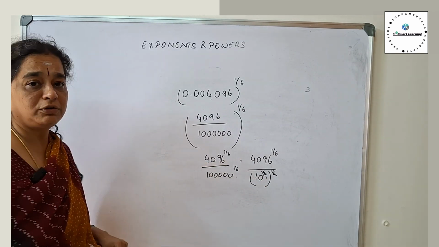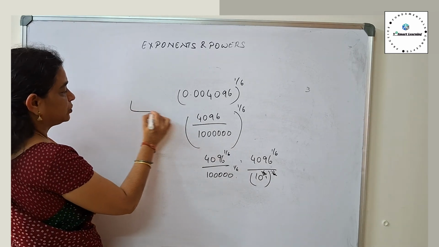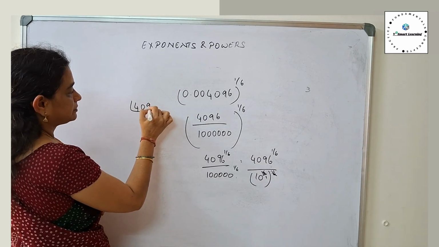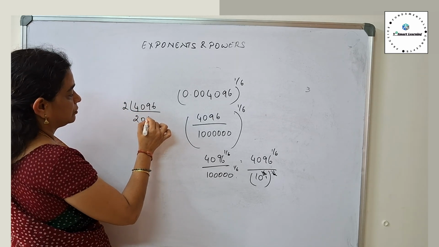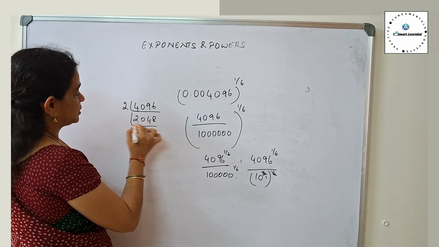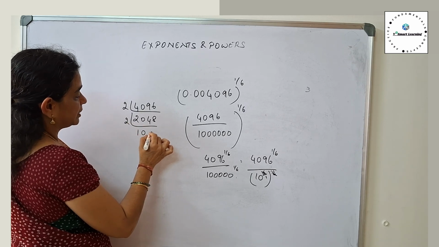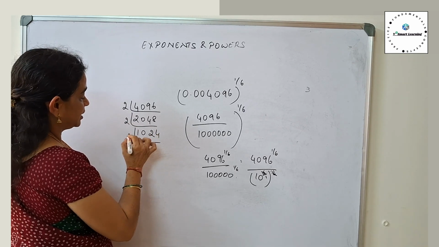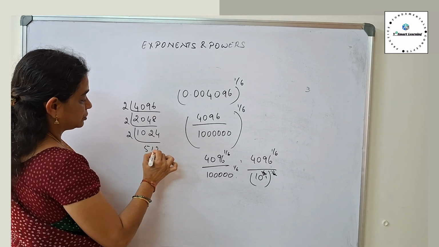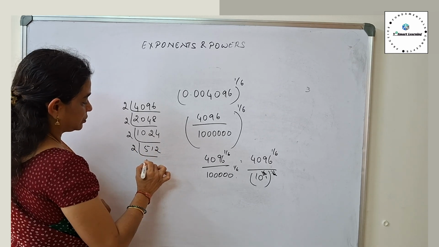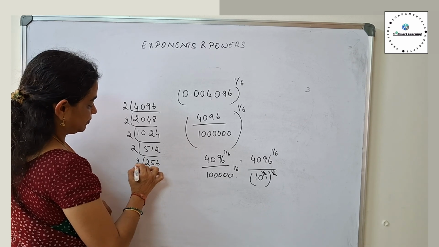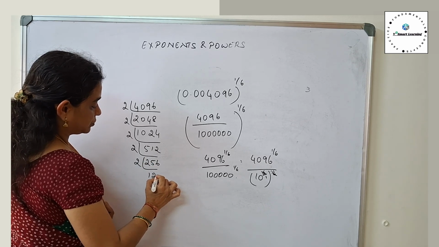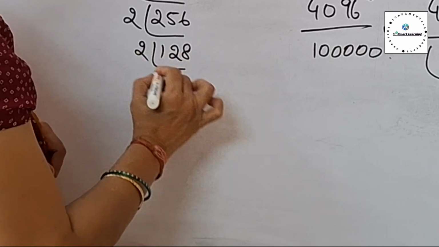Now what do I do for 4096? I do the L method and I take 2. Actually you don't have to take 2, you can take bigger numbers, but for students' understanding I am taking 2. 2 2s are 4, 2 5s are 10... 2 6s are 12, 2 1s are 2, 2 2s are 4, 2 8s are 16.